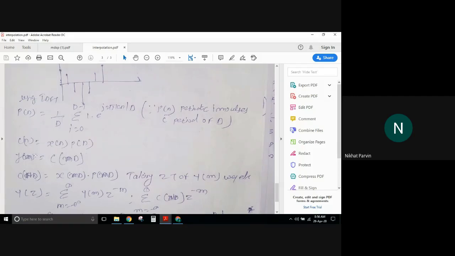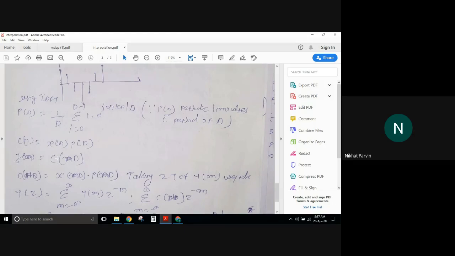Now when you apply the Z transform on y of m, what will that be? It is y of z. When you apply the Z transform of y of n, what do you get? Y of z equals summation over n from minus infinity to infinity of y of n into z power minus n, right? Here, instead of y of n, it is y of m equals c of md.